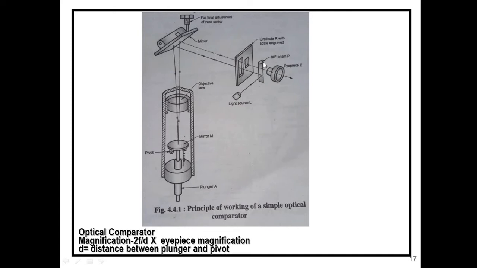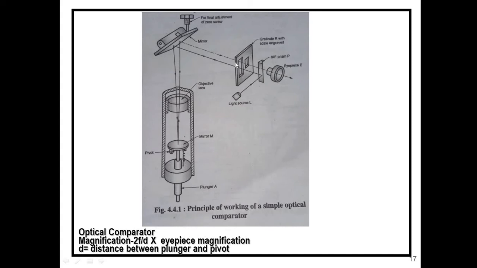The scale is here, so this light forms the image of the scale in the focal plane of the eyepiece.